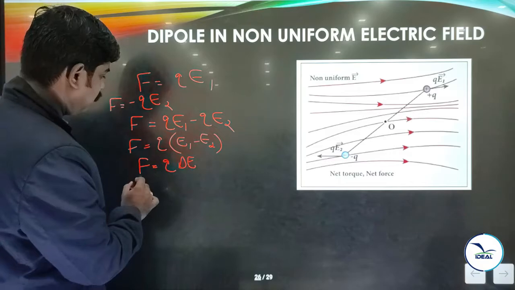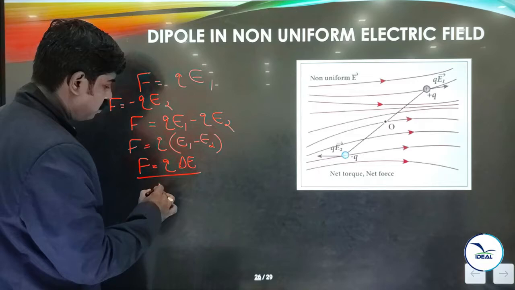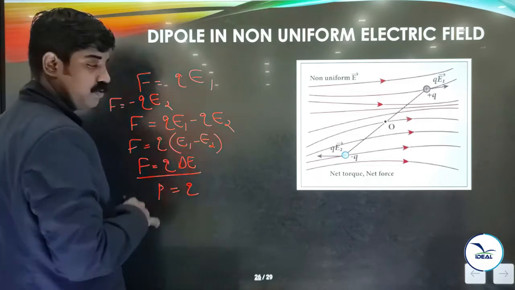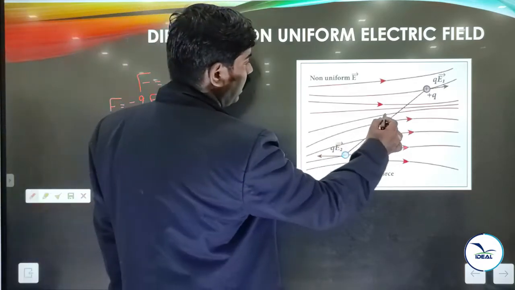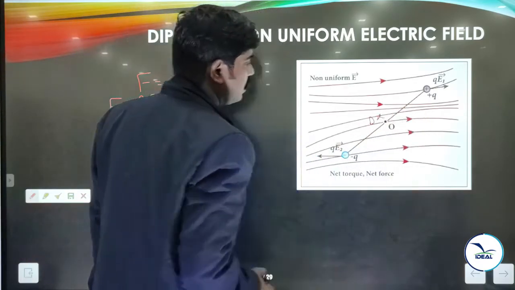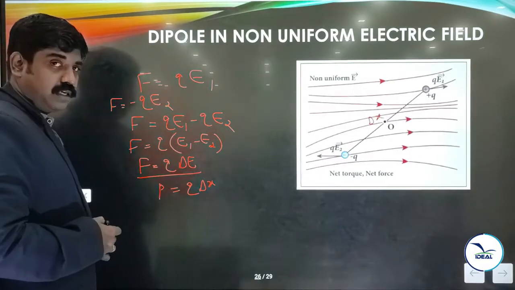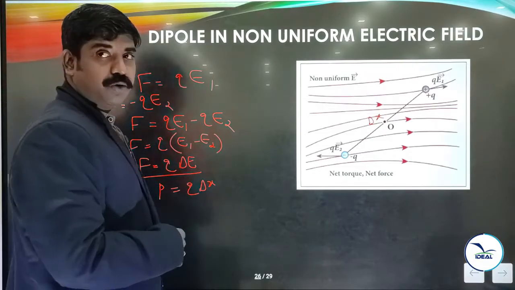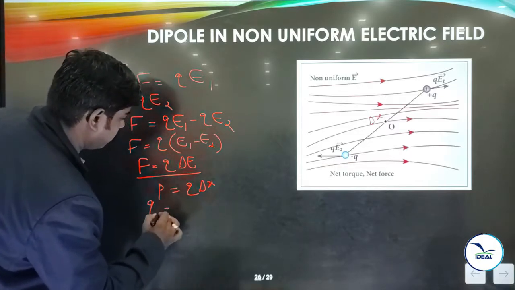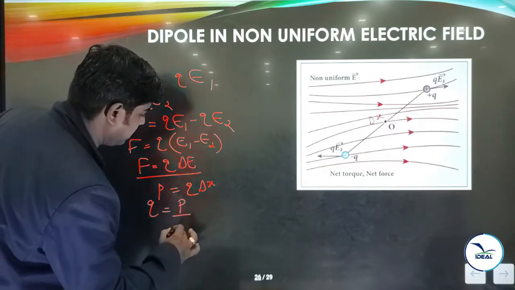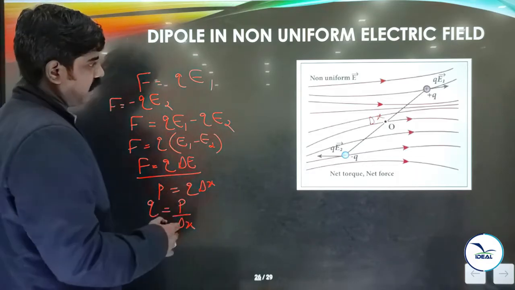We know that dipole moment P is equal to charge into the dipole length. Here we can take dipole length as delta x. So delta x is the dipole length, therefore P is equal to Q into delta x. Then from this, Q equal to P by delta x.